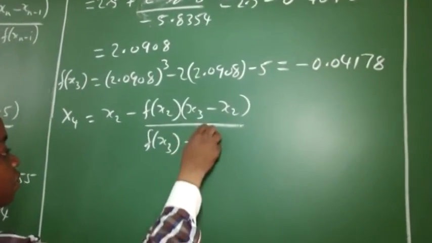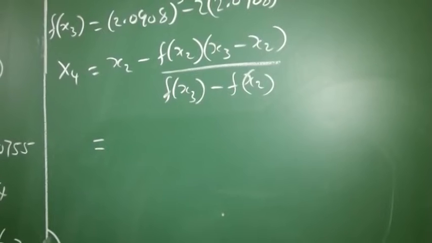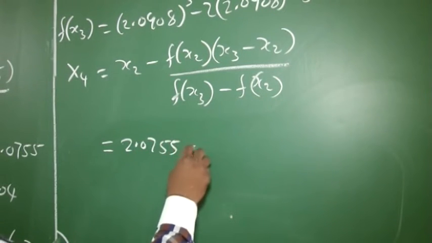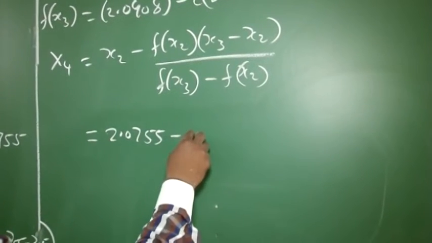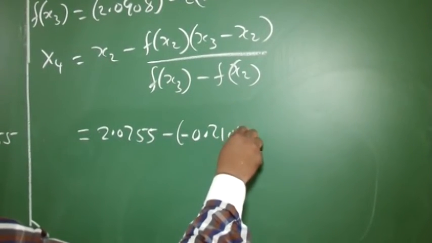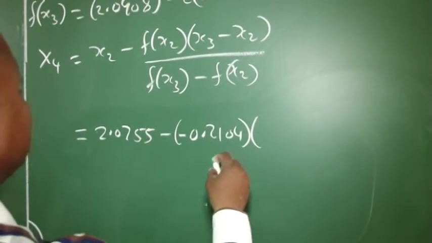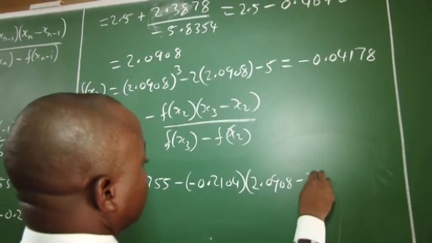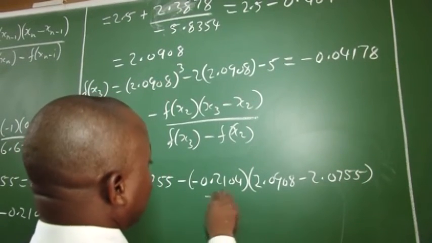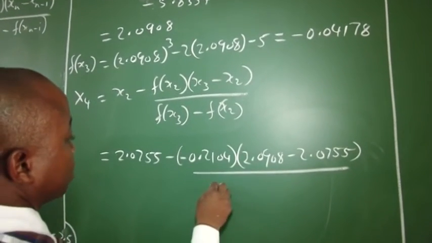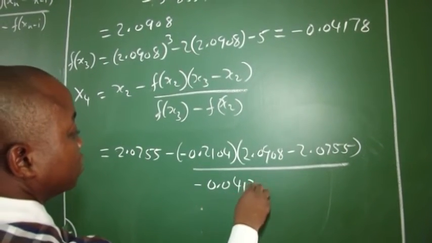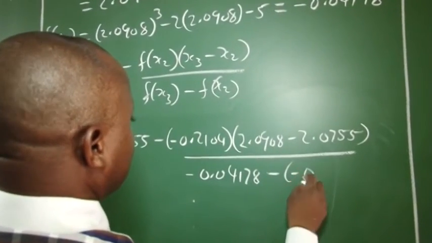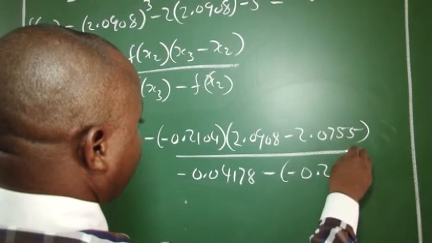Okay, so we need x4, and x4 will be x2 minus f of x2, then x3 minus x2 over f of x3 minus f of x2. That is 2.0755 minus f of x2, because f of x2 is minus 0.2104. Now x3 is 2.0908 minus x2, which is 2.0755, over f of x3, which is minus 0.04178, minus f of x2. f of x2 is minus 0.2104.